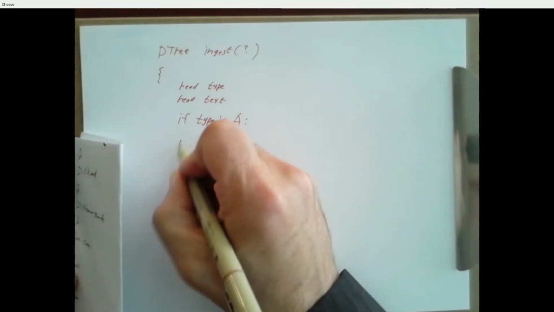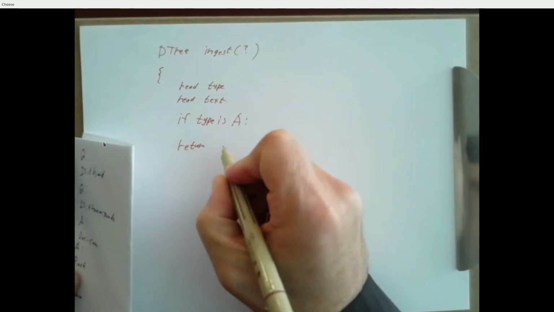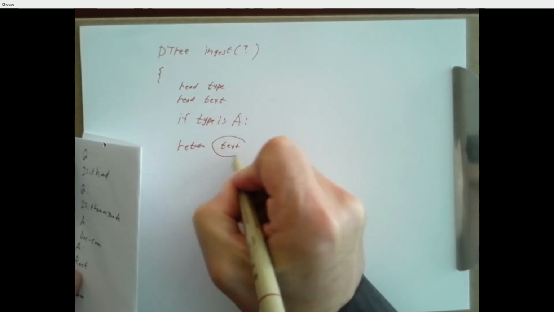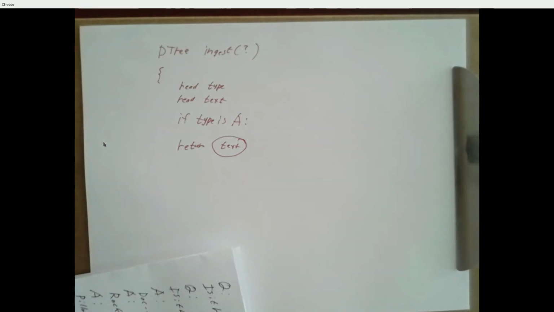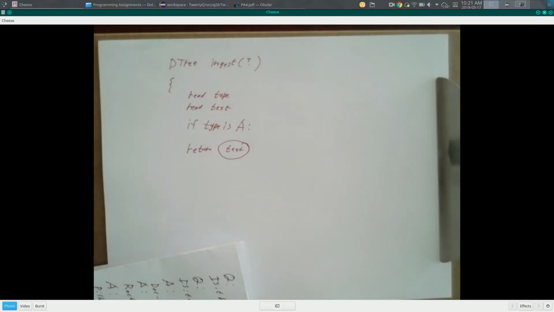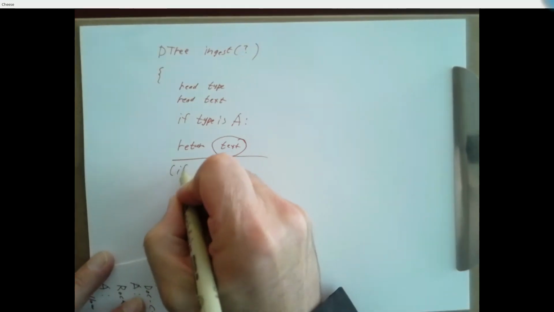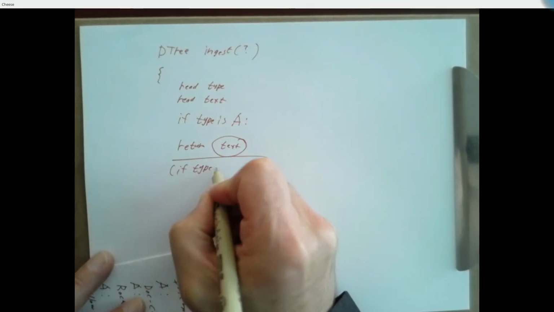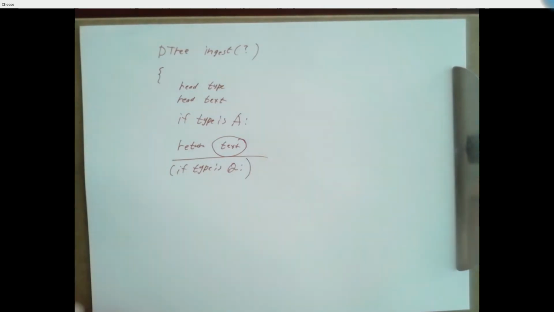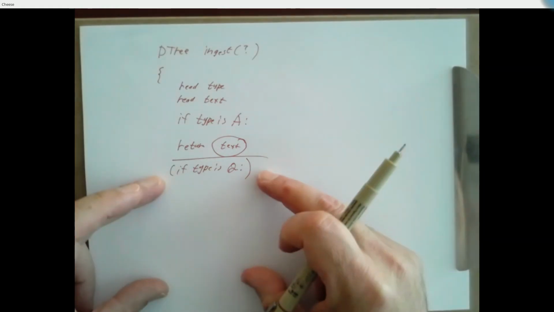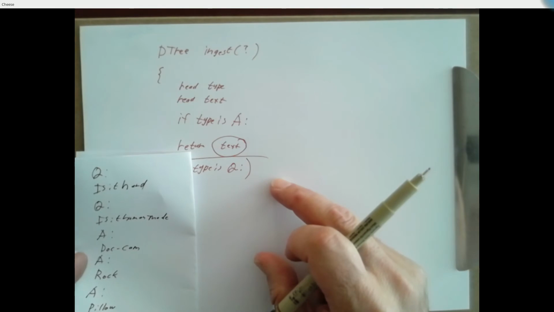So I'm going to return a tree that looks like that, a tree with a single node in it, whose text is equal to whatever text I read. Otherwise, the type's not A, the type has got to be Q. So I don't really need an if statement there. But this is what's going to happen if the type was Q, if I was at a question point.